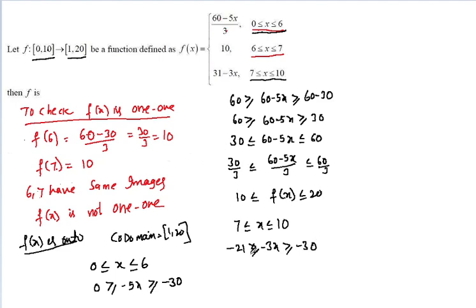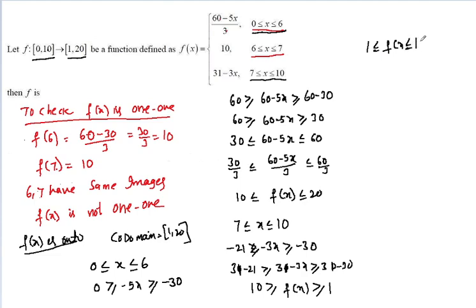Add 31 on both sides. 31 minus 21 is 10, greater than or equal to 31 minus 3x, which is the given function f of x, greater than or equal to 31 minus 30 is 1. So this is written as 1 less than or equal to f of x less than or equal to 10.